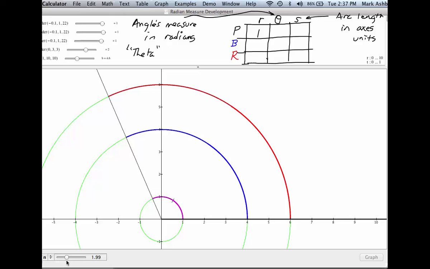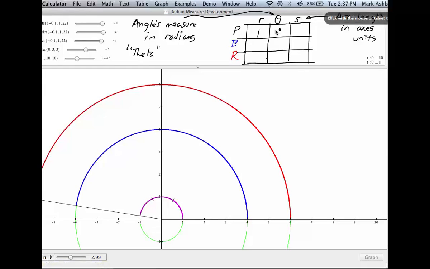Where do radians come from? The number of radius lengths cut off by the angle. So here we are at 3 radius lengths cut off. So we got an angle that cuts off 3 radius lengths, what's its measure in radians? 3. Exactly.